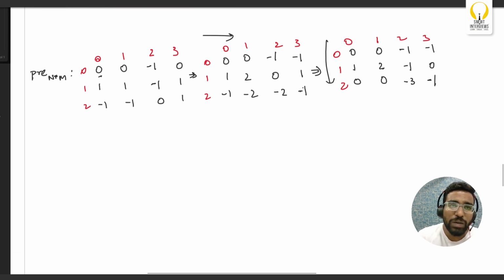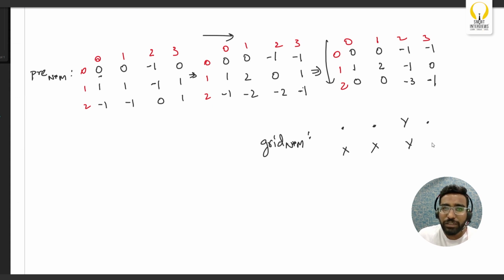So simply, if you observe this grid, previous grid across, your grid is something like this: dot, dot, y and dot, then x, x, y and, sorry, y and x and y, and dot and x, something like this.